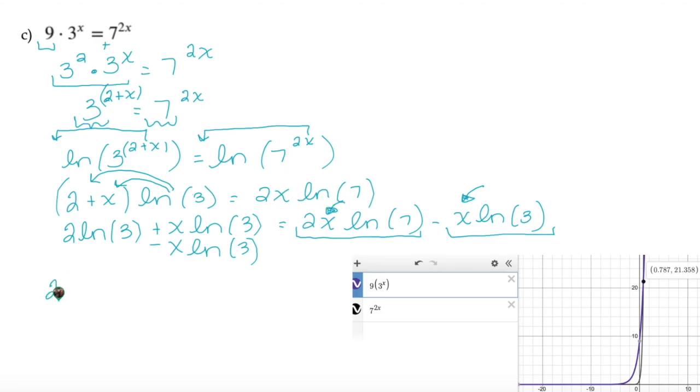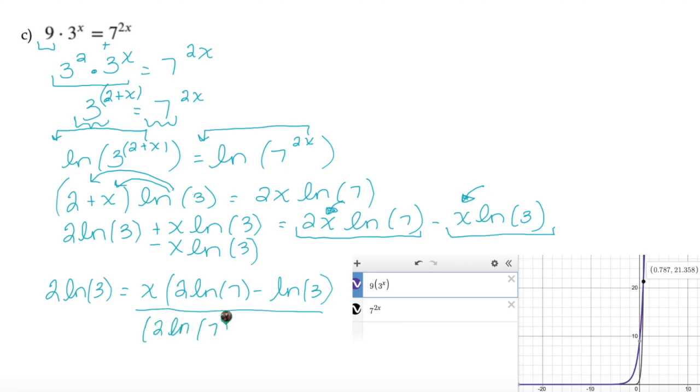I'll have 2 times the natural log of 3 equal to x, what we factored out, the greatest common factor, times 2 times the natural log of 7 minus the natural log of 3. At this point, you could probably guesstimate what we're going to do to get x by itself. Divide both sides by 2 times the natural log of 7 minus the natural log of 3.